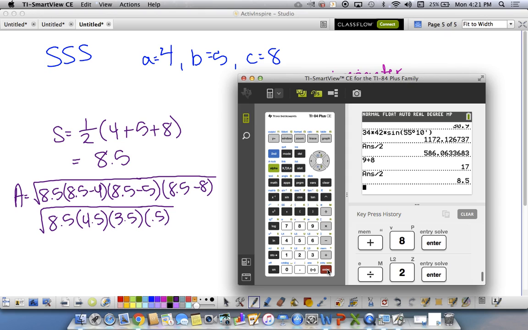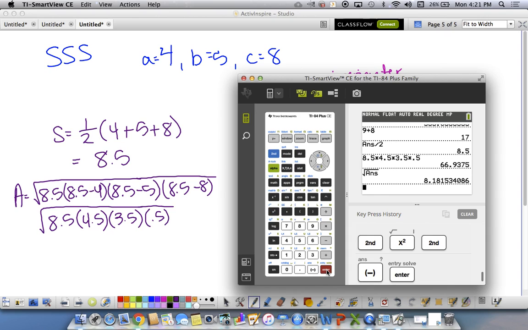I'm going to multiply all these numbers together. Did I subtract everything? I think everything is correct. I have the 8.5 out front. There's 4 numbers there. Perfect. And now take the square root.